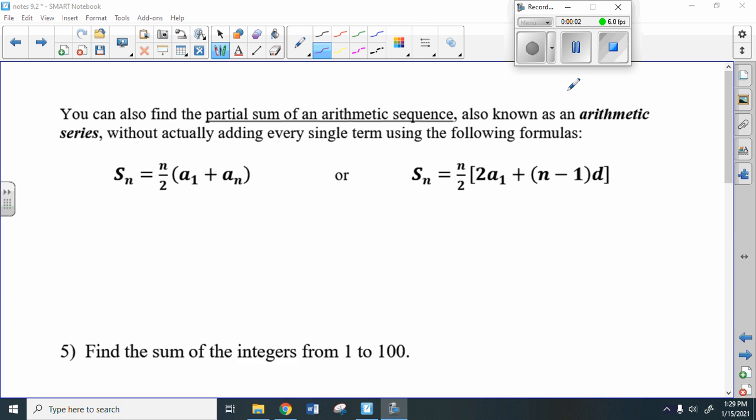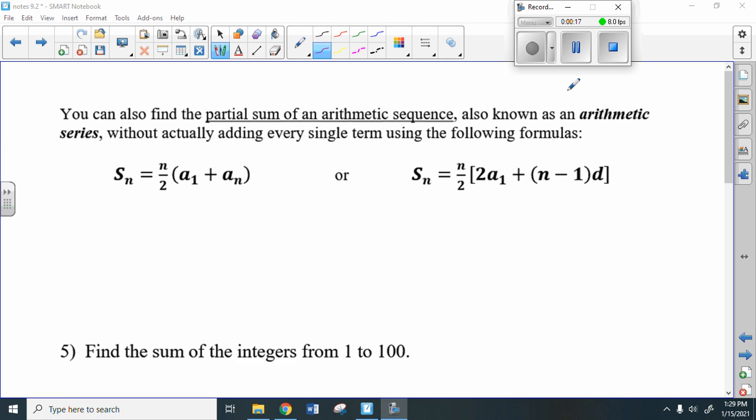All right, welcome back to the second part of Notes 9.2, where we are looking at arithmetic series. Remember, series is just a fancy math word for finding the sum.